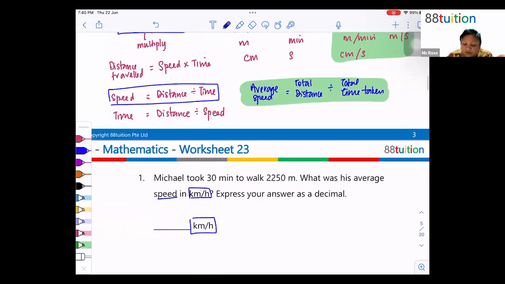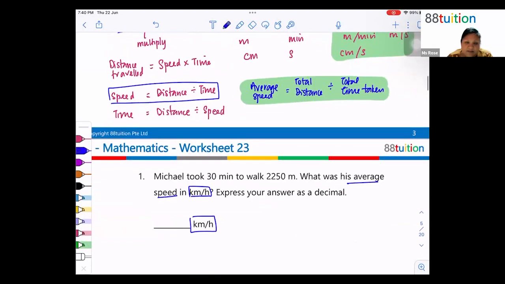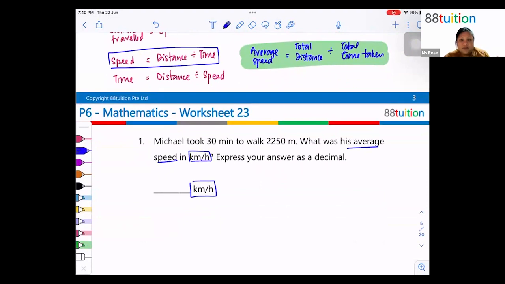So in question number 1, you're supposed to find his average speed in kilometers per hour. Average speed is equal to total distance divided by total time, so the total distance must be in kilometers and the total time must be in hours, so that you have the speed in kilometers per hour.